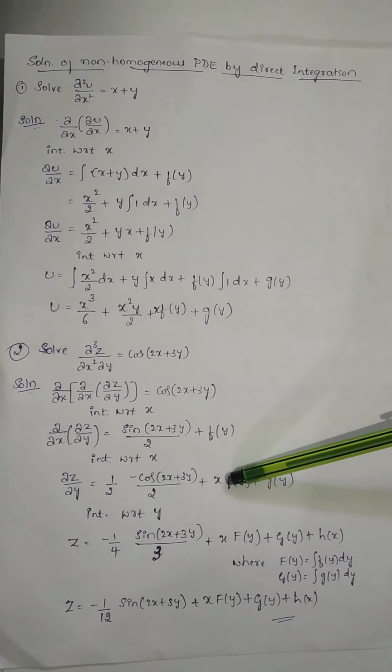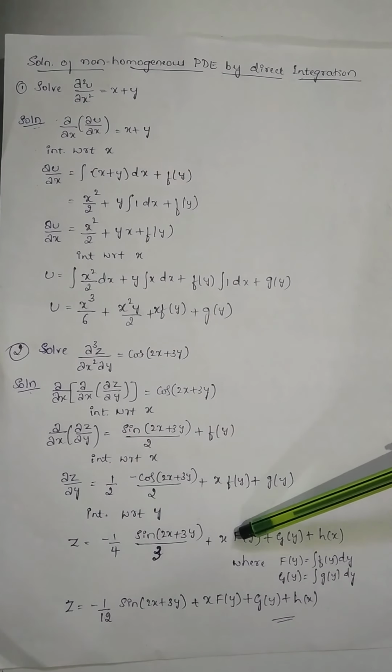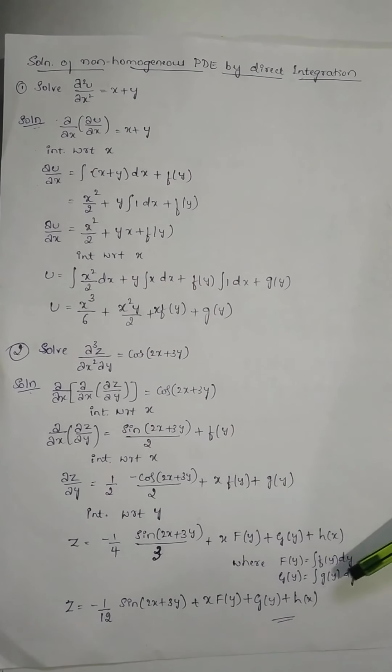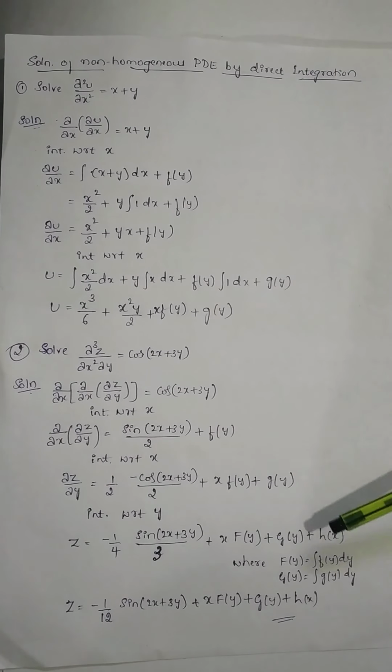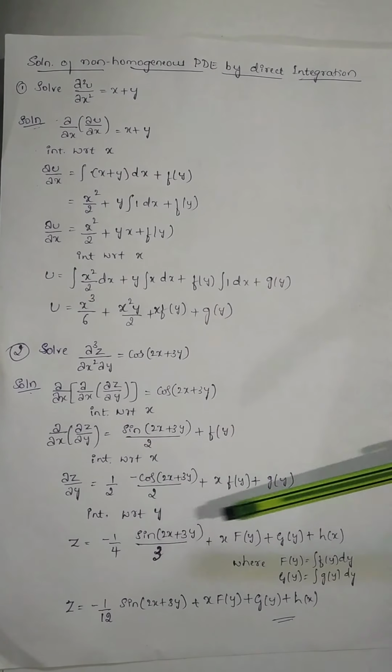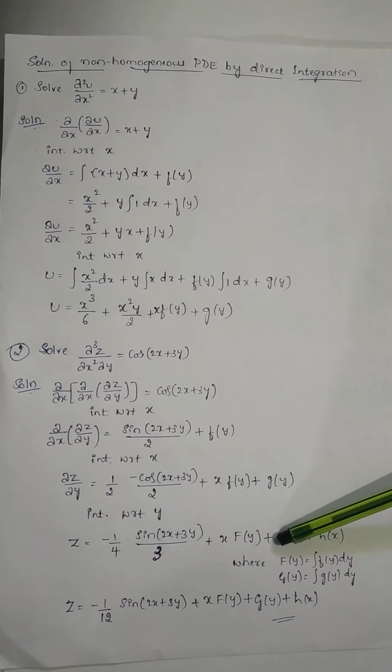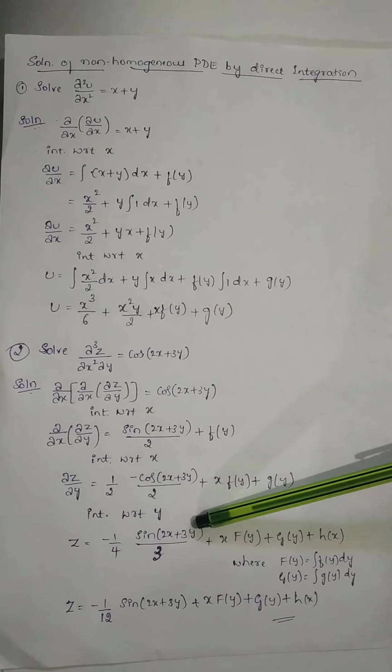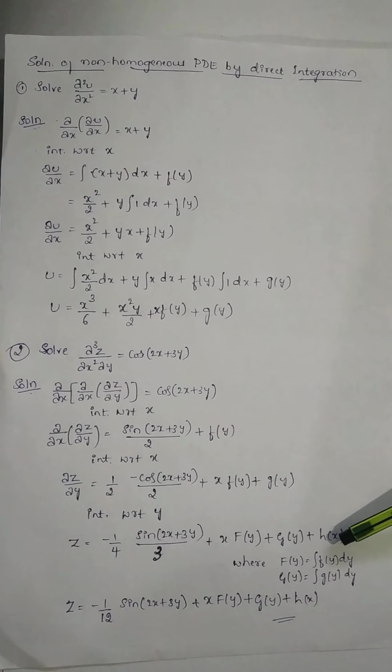So integration of f of y with respect to y is written as capital F of y. The next function is integration of g of y. Again this is a function of y and you are integrating with respect to y, so that is written as capital G of y, plus an integration constant for this step. With respect to y, x is constant, so you write h of x as the integration constant.